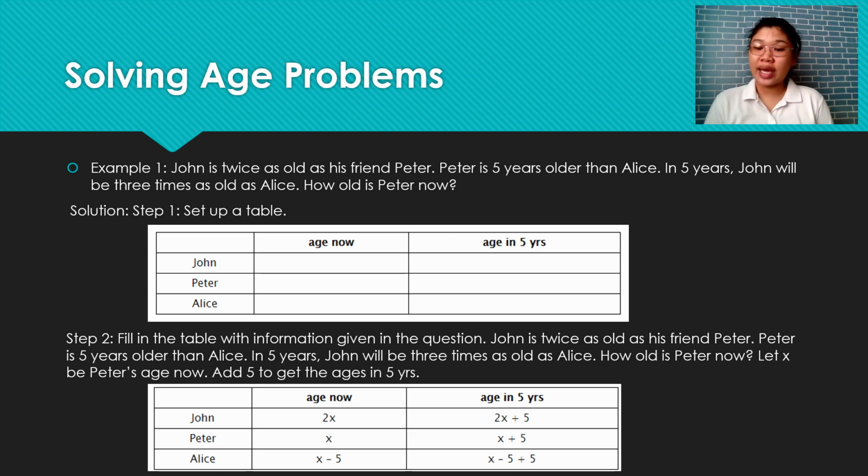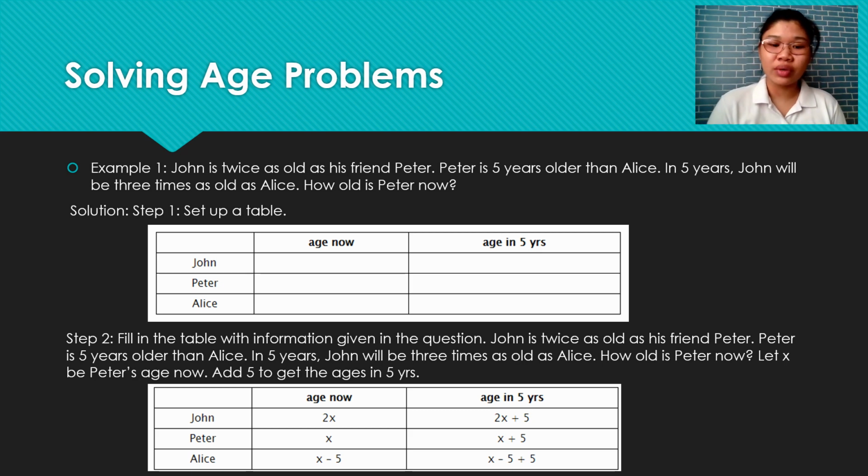Or you can use any other variable, like M or A or P for Peter. So the age of Peter is x. And then first statement, John is twice as old as his friend Peter. So meaning, if Peter is x of age, John is twice of Peter, that is 2x.